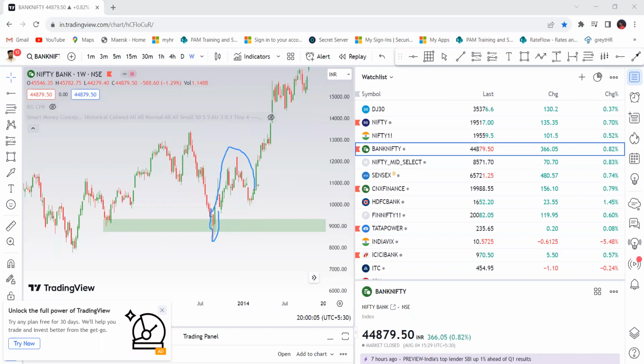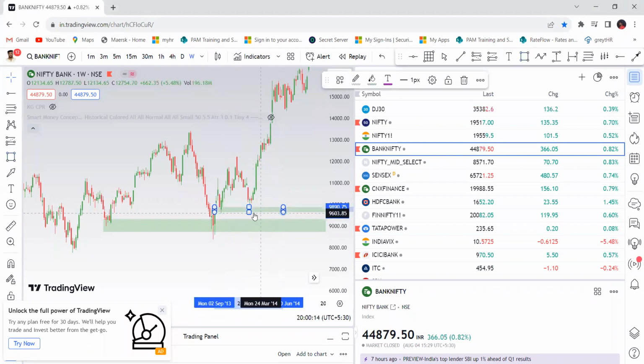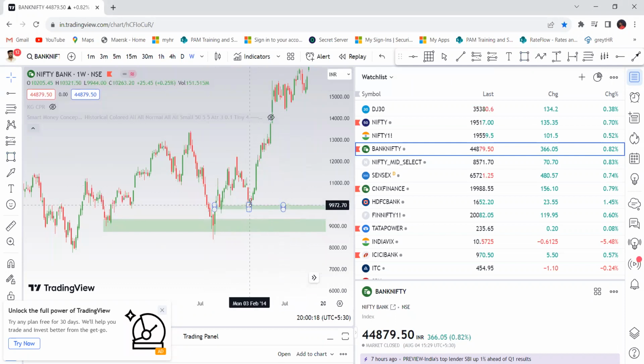Then price started moving up. Then again here a small support is created since price jumped from here. Once it came back, it created a spinning top here. Once this high has broken, the price started moving up.